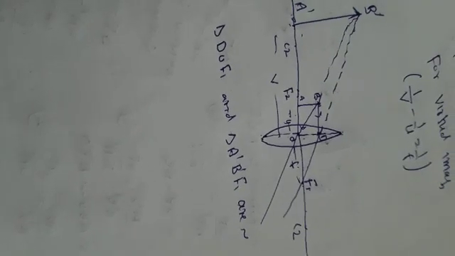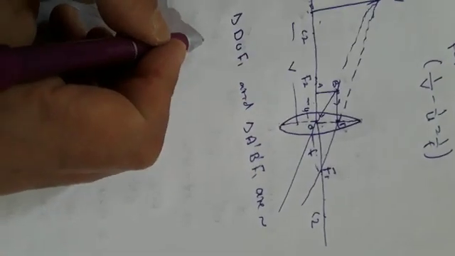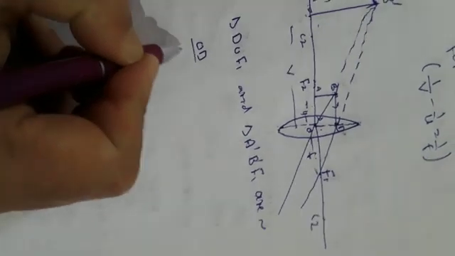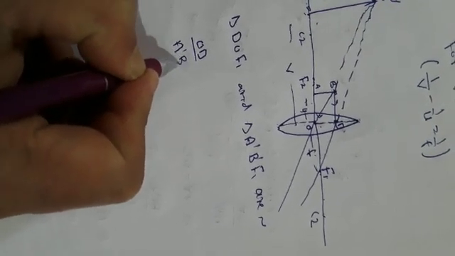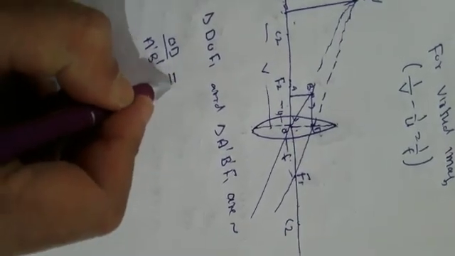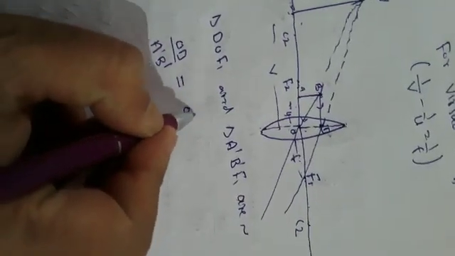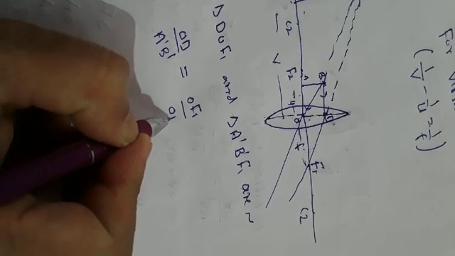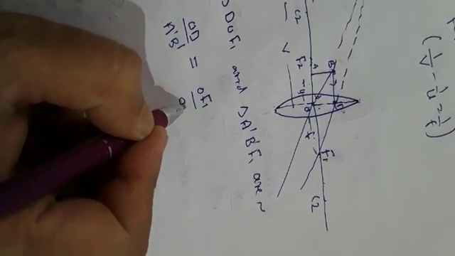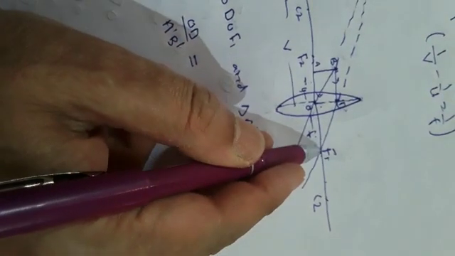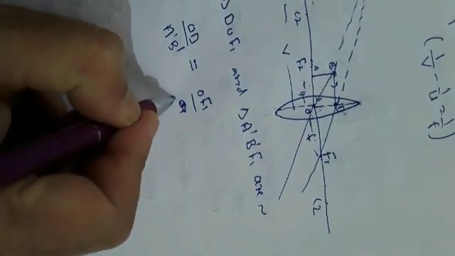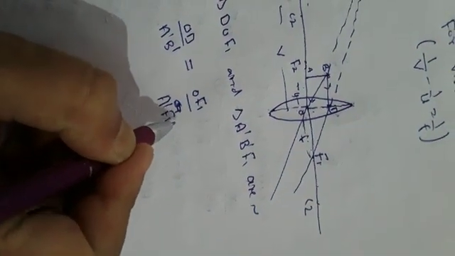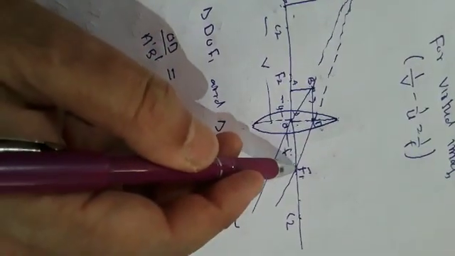When triangles are similar, the ratio of their corresponding sides, I can write OD divided by A dash B dash. इसका corresponding side OD है, इसका A dash B dash is equal to OF1 divided by A dash F1. इसका corresponding side ये है, इसका OF1.